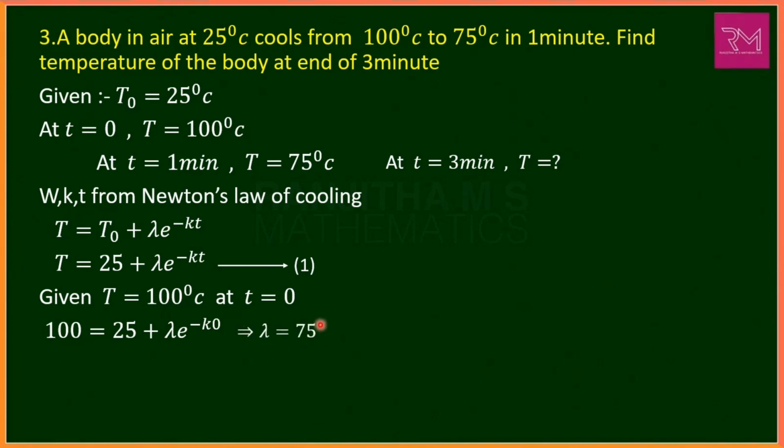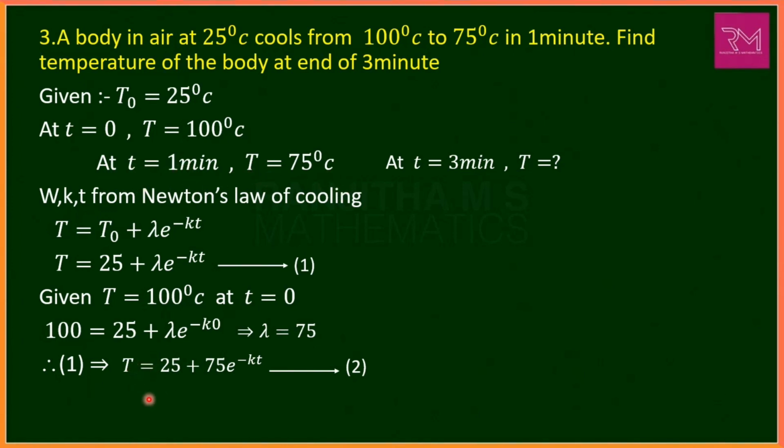Once we obtain the lambda value, substitute it in equation number 1. Equation 1 becomes T is equal to 25 plus 75 times e to the power minus kt. Call this equation number 2. Next, take the data at t equal to 1 minute, where the temperature is 75 degrees Celsius.